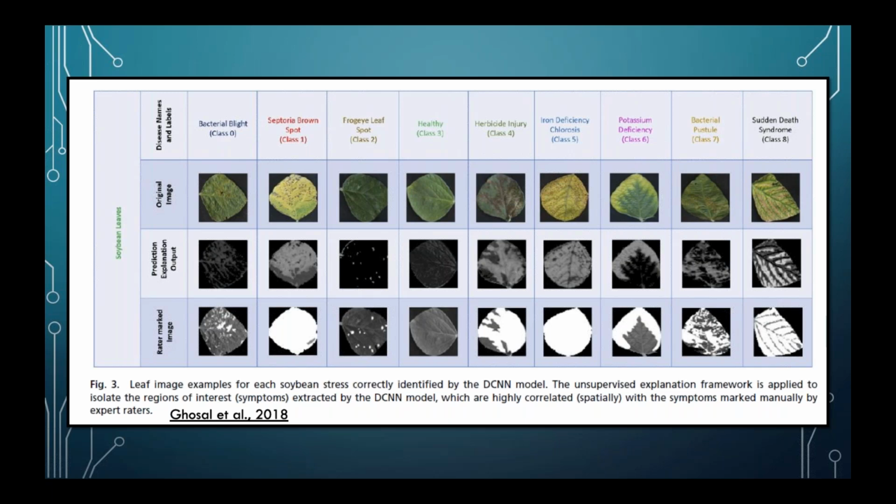Then the prediction explanation output is what they feel the model is relying on. And on the bottom, they have their marked image of the diseases. So they got an idea of where and what the model was relying on to make these predictions.